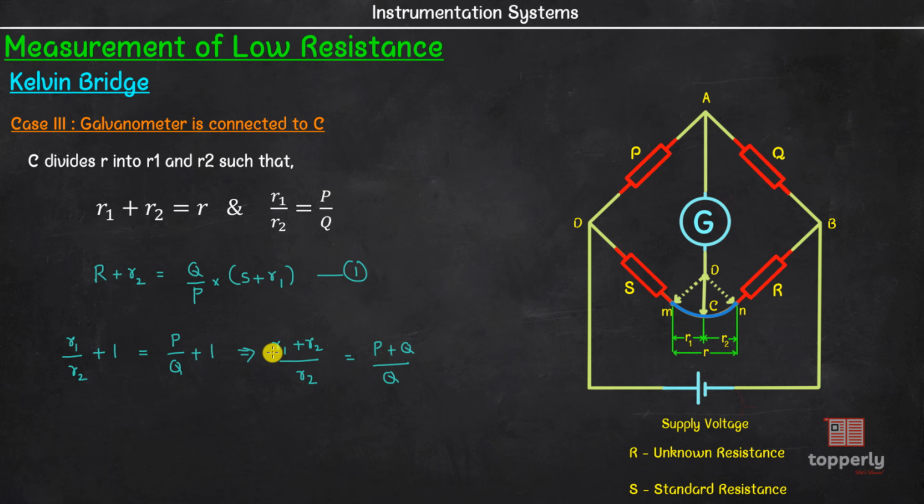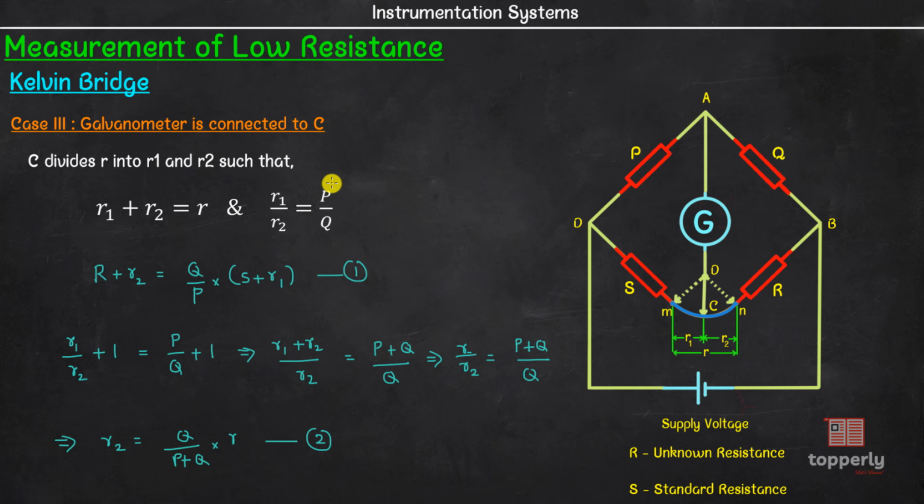Therefore, we can replace this R1 plus R2 by small r. So we have r by R2 is equal to P plus Q by Q, or if we rearrange this, we get R2 is equal to Q by P plus Q into r. And let's name it as equation number 2.